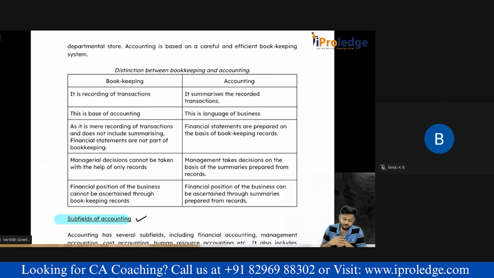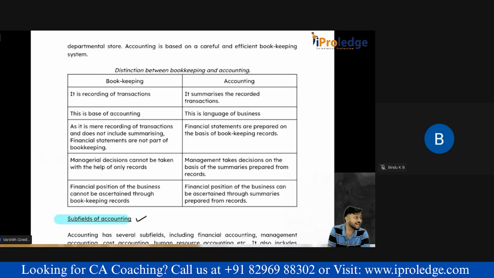So let's see the other differences. Bookkeeping is just recording of transactions. Accounting also does summarizing and everything. Next, bookkeeping is the base of accounting. Only if you record all the transactions can you do summarizing and everything. So for accounting, bookkeeping is the base, the first step, recording. Accounting is the language of the business, correct? Since it communicates profits, assets, and liabilities, people are able to understand business via accounting.